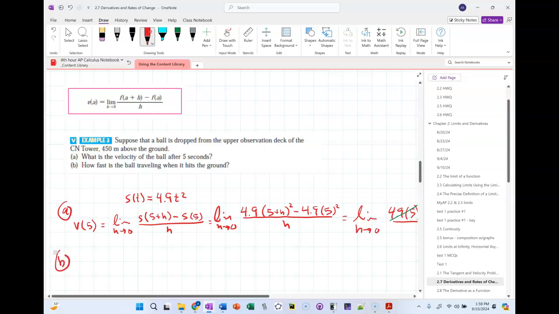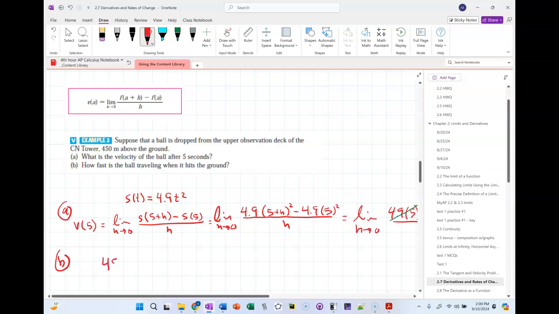Part B asks, how fast is the ball traveling when it hits the ground? So I need to do v of whatever the time it takes to hit the ground, right? So how far is the ball traveled when it hits the ground? 450.